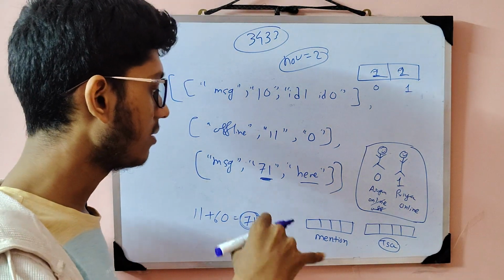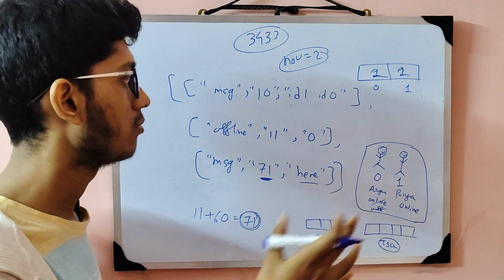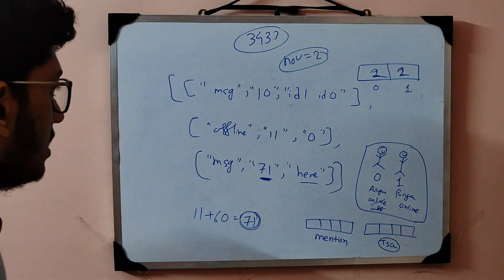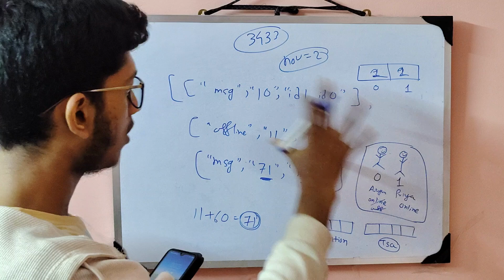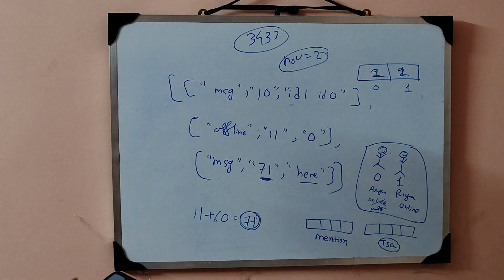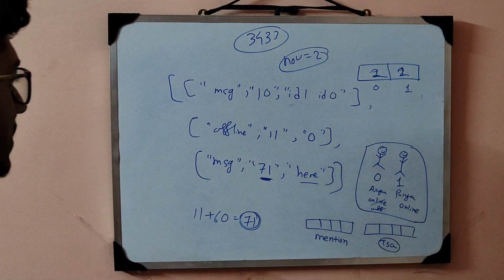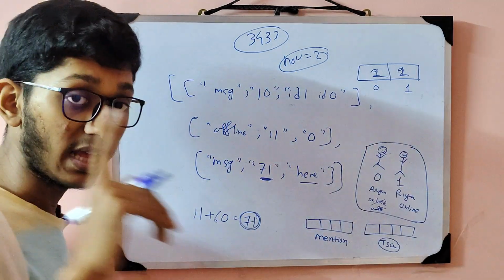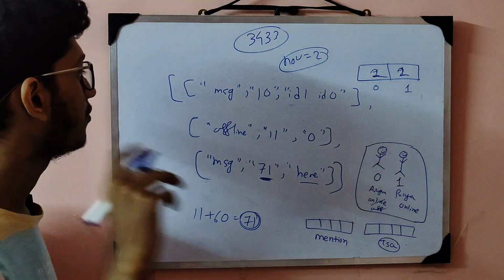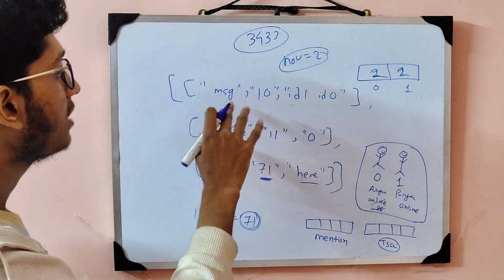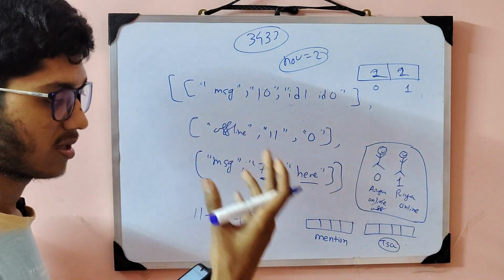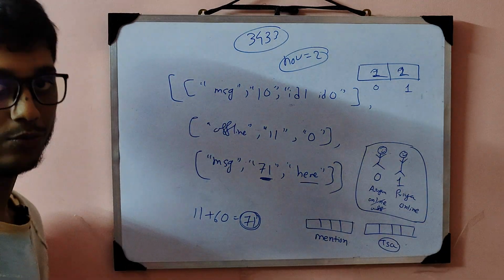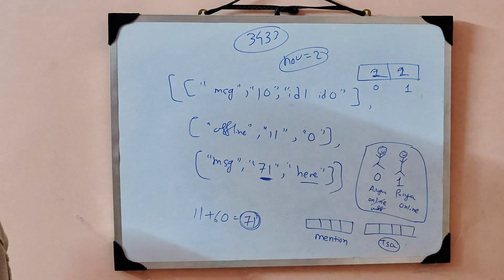This will be telling me when Priya or when Aryan or when the users will be online or offline. So if I think of making the solution from this example only, for the first time, message 10, ID 1, ID 0. And another thing, you need to be very careful that every time you are handling strings, you need to convert the strings into numbers and then use it. So this thing you need to be very careful.